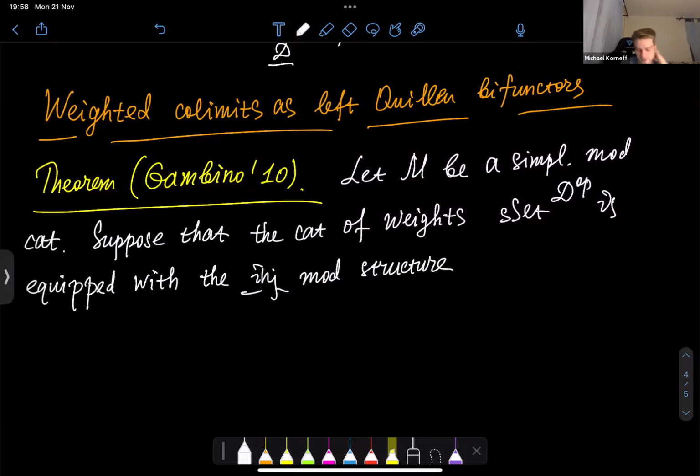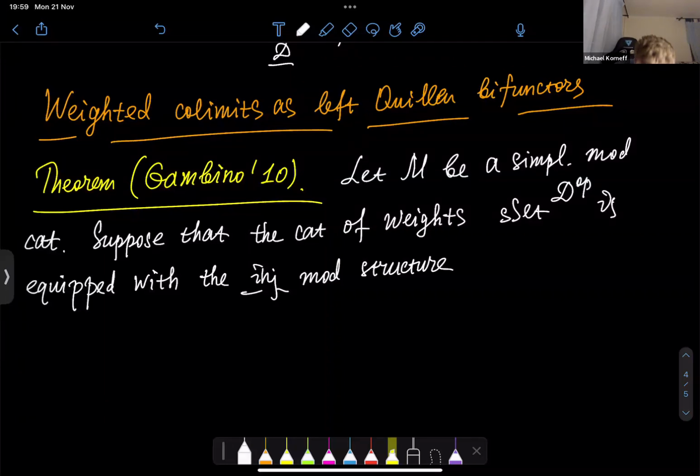We call it the injective model structure when we have pointwise weak equivalences, and also pointwise cofibrations, but fibrations are defined by means of the lifting property.